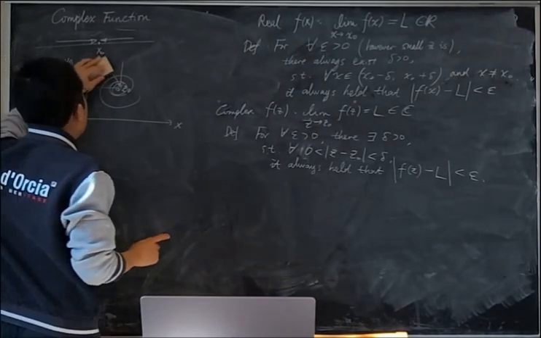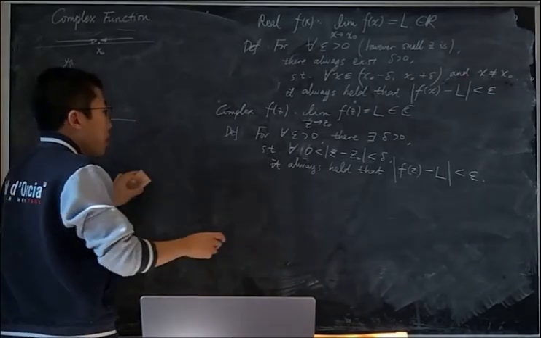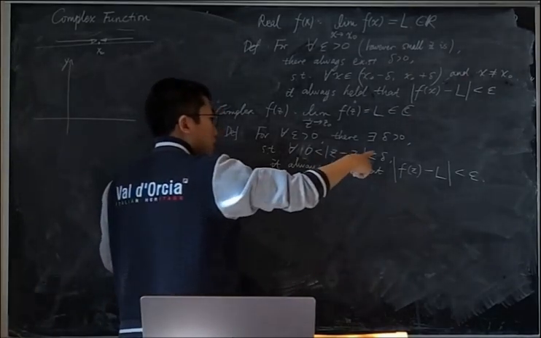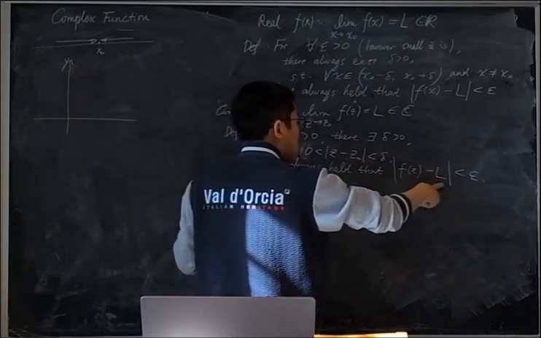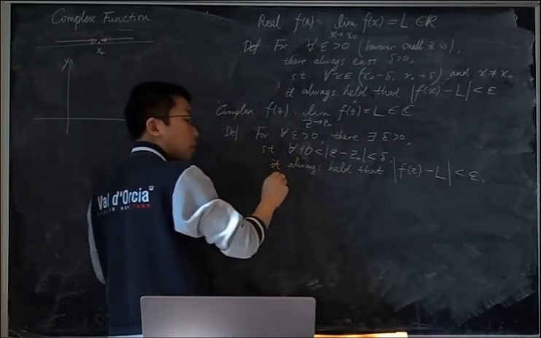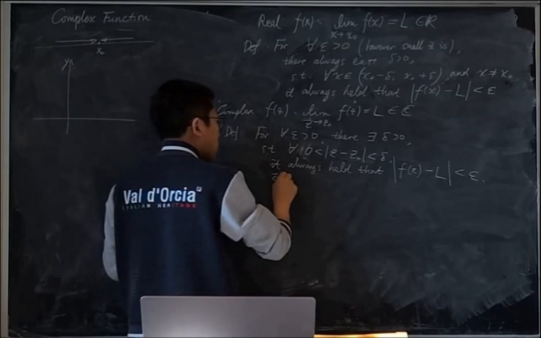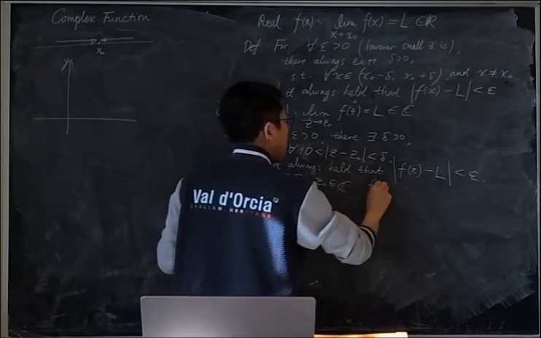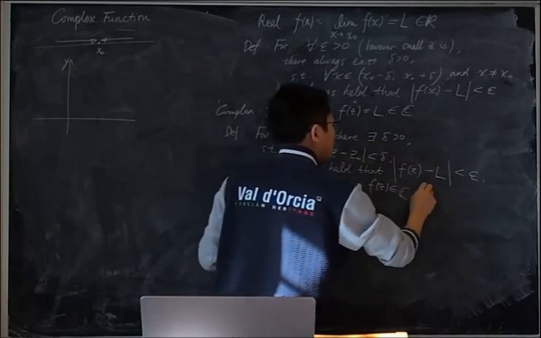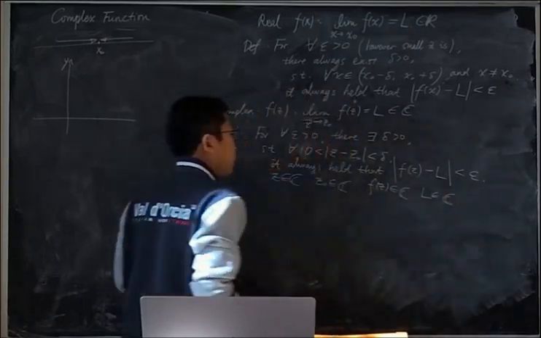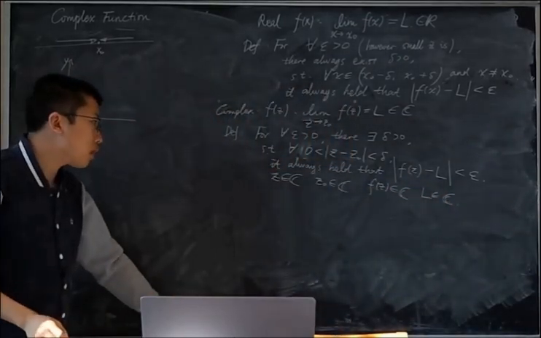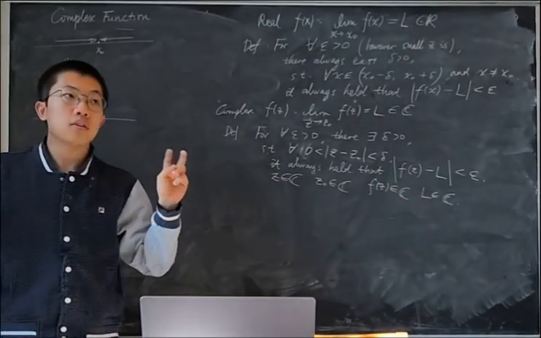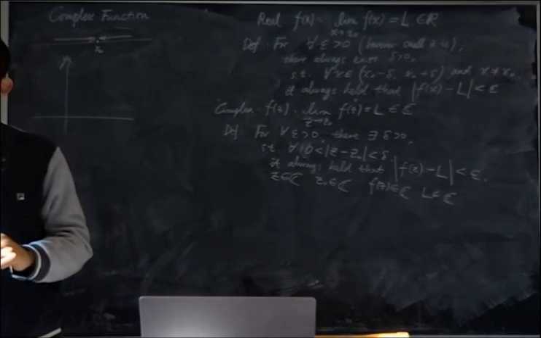Second, when I talk about this |z minus z naught| and |f(z) minus L|, remember that we're talking about complex functions. So z could be complex, z naught could be complex, the function value could be complex, and this L could be complex. So when we're talking about the absolute value, we're talking about the absolute value in the sense of complex numbers, right?